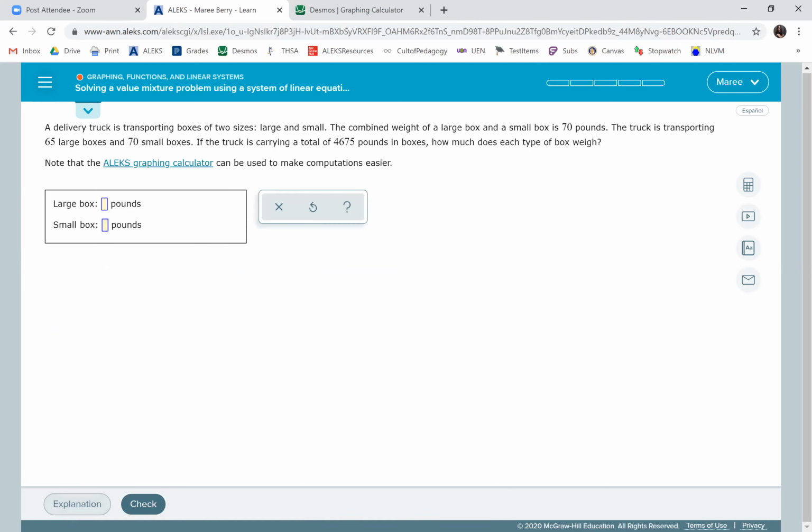So the combined weight of a large box and small box is 70 pounds. So we're going to write X plus Y equals 70. Let's just say large is X and small is Y, okay? So the combined weight is 70.